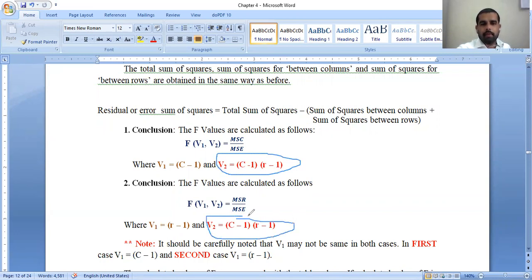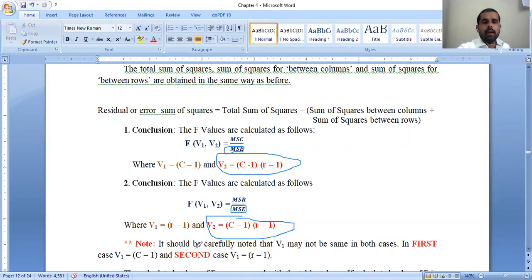We call it MSE. In these two situations, the denominator is common, but the numerator is different: C minus 1 in the first case and R minus 1 in conclusion number 2. A small note is also given here.